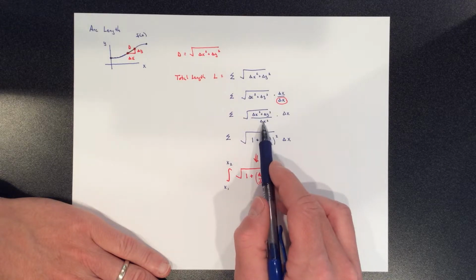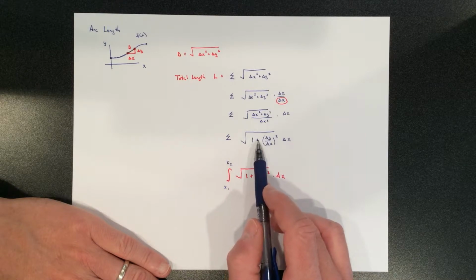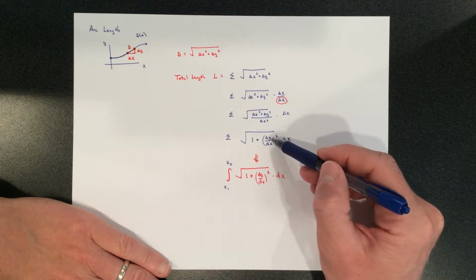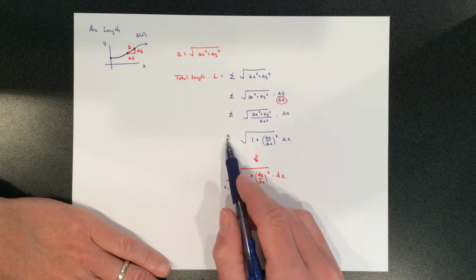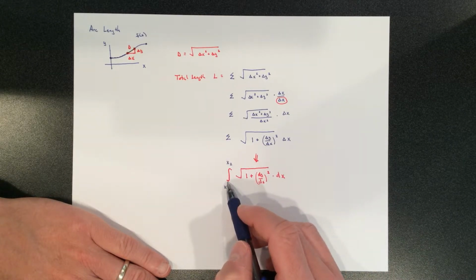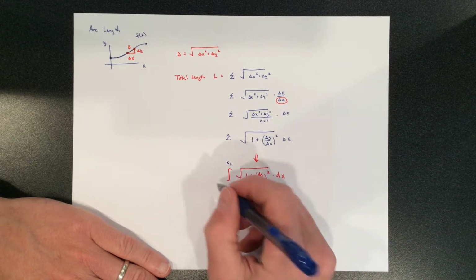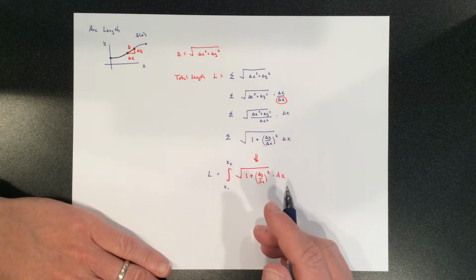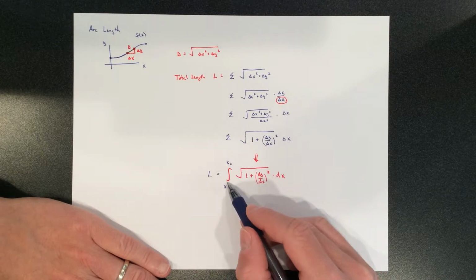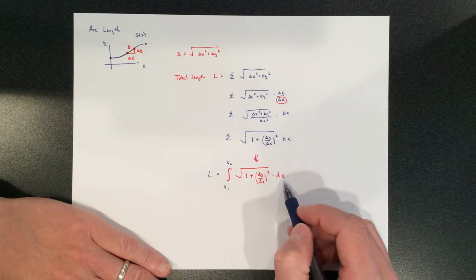I then separate those fractions. Delta x squared over delta x squared is just 1 plus, and then this is delta y squared over delta x squared, and then I change it to calculus. Instead of a summation, it's an integral. Instead of deltas, it's d's, and now I have the idea of how do I find arc length in Cartesian coordinates, meaning x's and y's. I take the integral of the square root of 1 plus the derivative squared dx.